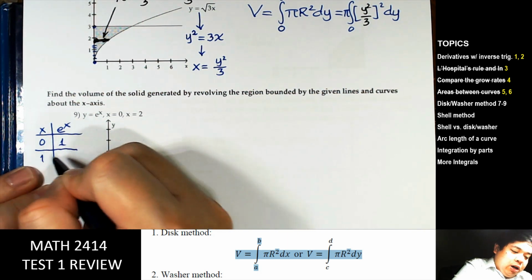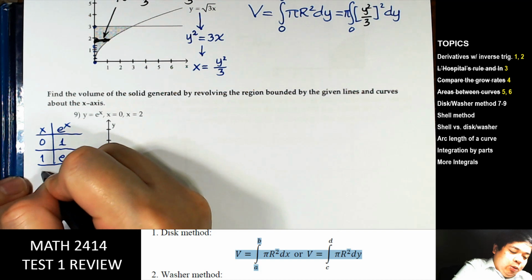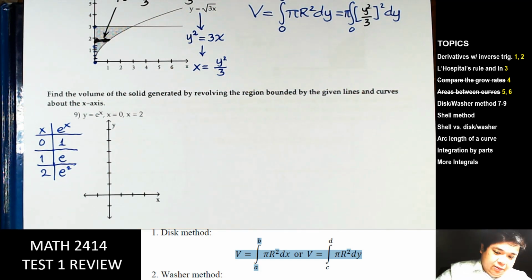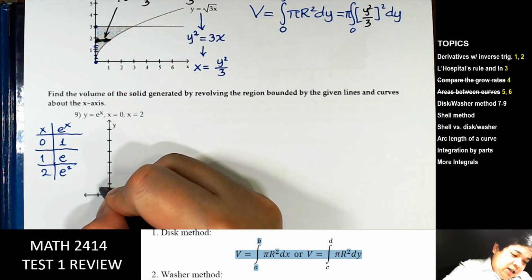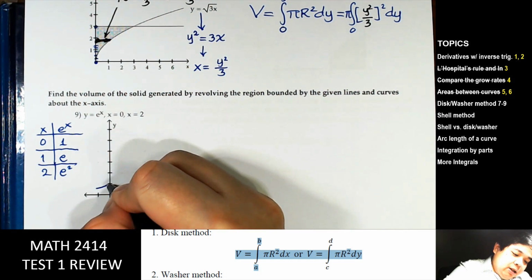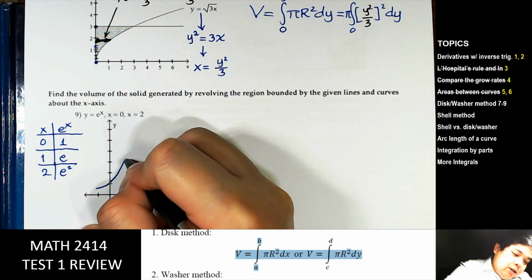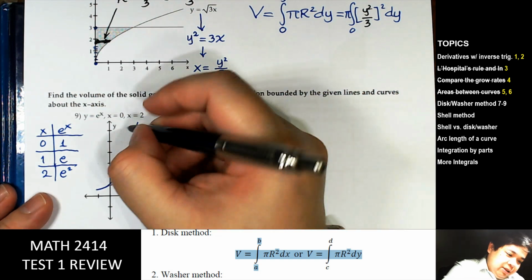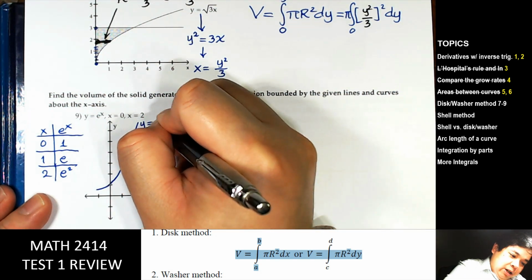When x equal to 1 it will be e, and then when 2, e squared. So that function, I just say it looks like this. That is y equals e to the x.